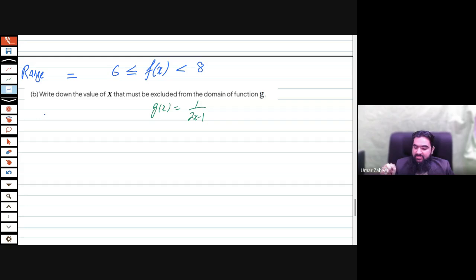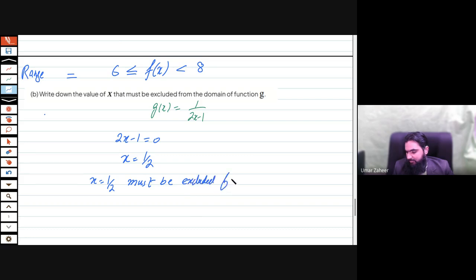Obviously it is in the denominator, so the denominator must not be 0. So we take 2x minus 1 is equal to 0. We will get x is equal to 1 by 2. So x is equal to 1 by 2 must be excluded from the domain.